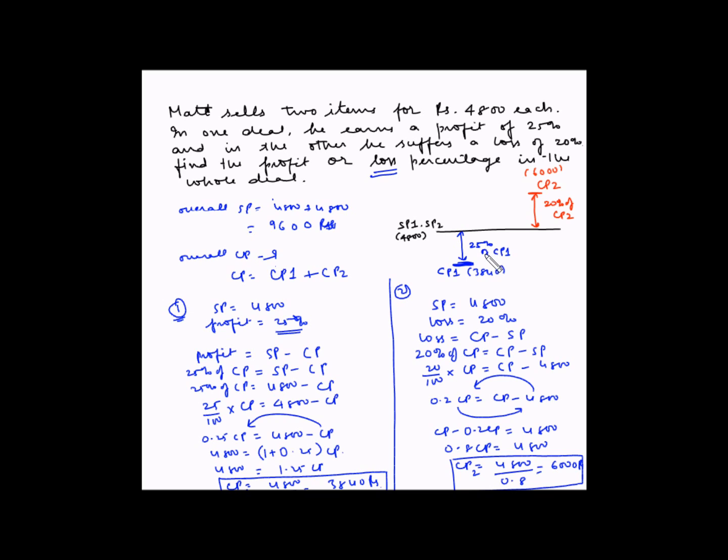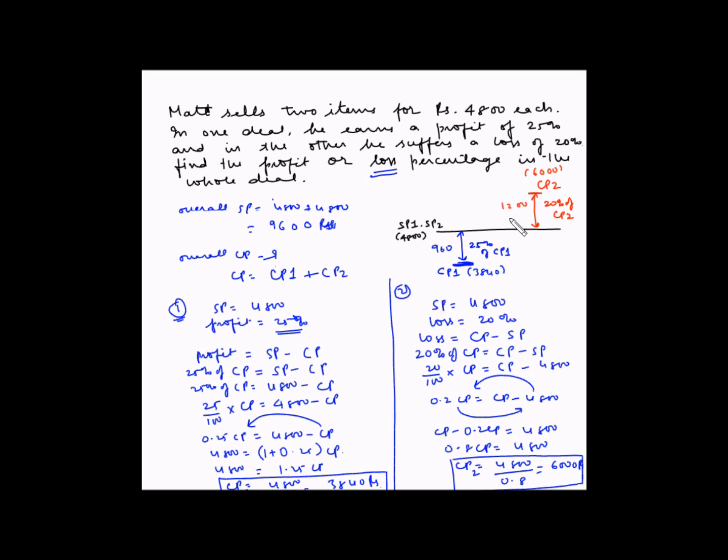So the 25% of CP1, or the difference between 4800 and 3840, is 960. So this is 960, and the difference between CP2 and SP2, or 20% of CP2, is 6000 minus 4800, which is 1200 rupees.